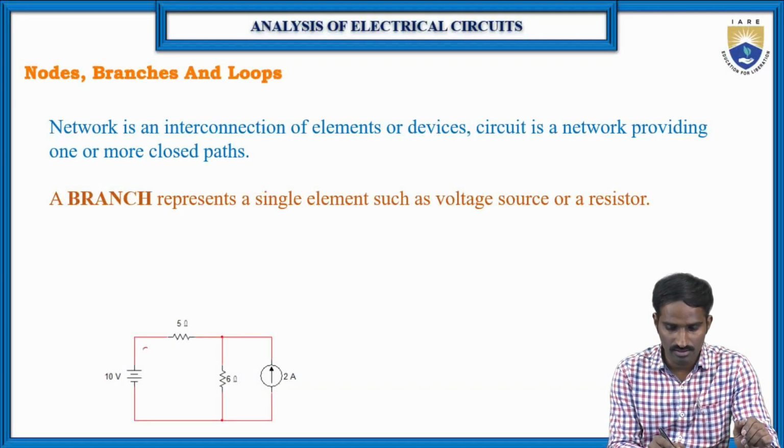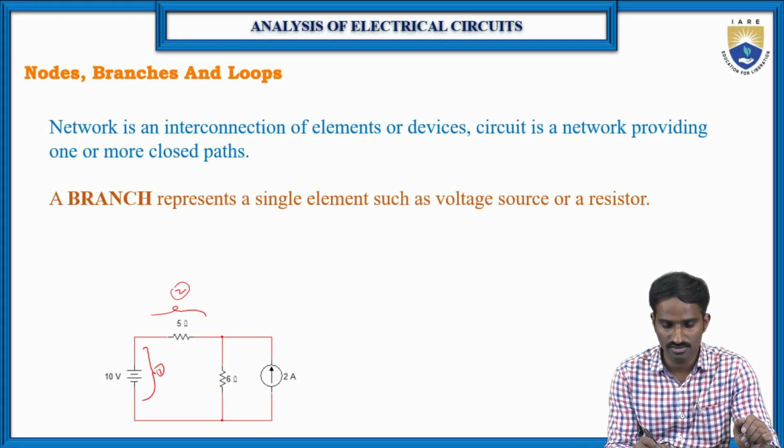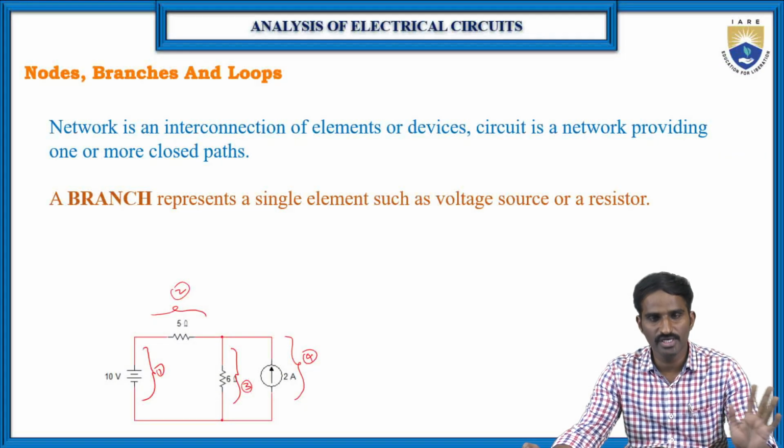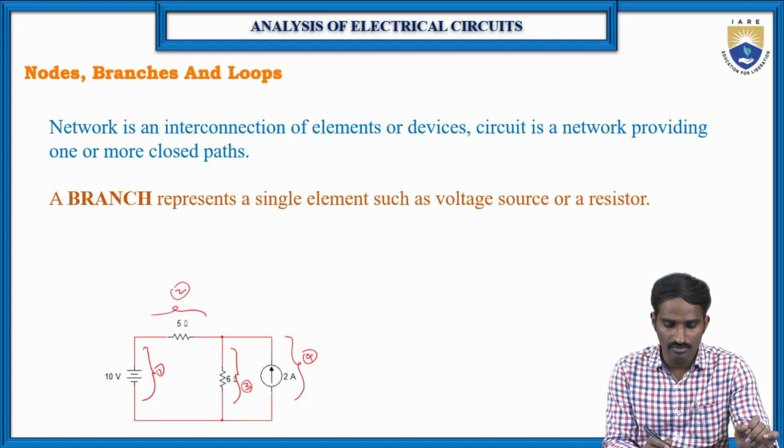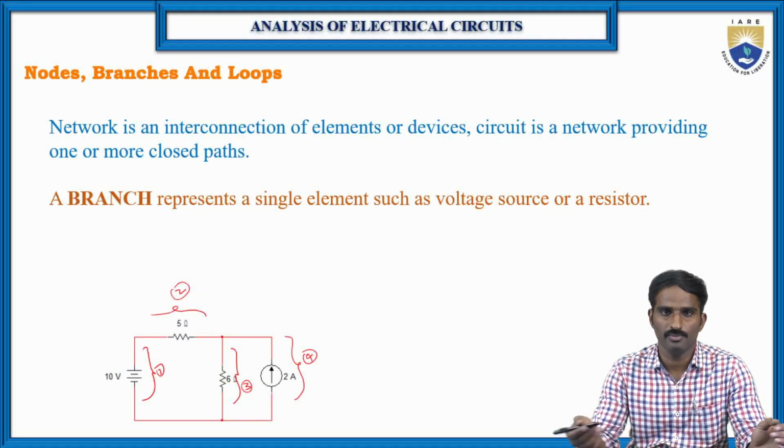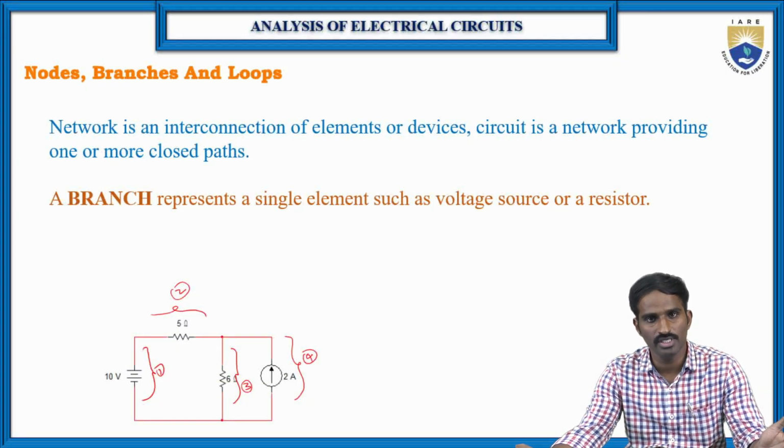This is one element, the voltage source, so this is one branch, this is the second branch, this is the third branch, and this is the fourth branch. So this particular circuit consists of 4 branches. The branch represents a single element, which is either an active element or a passive element. The active elements are voltage and current sources, and the passive elements are resistors, inductors, or capacitors.